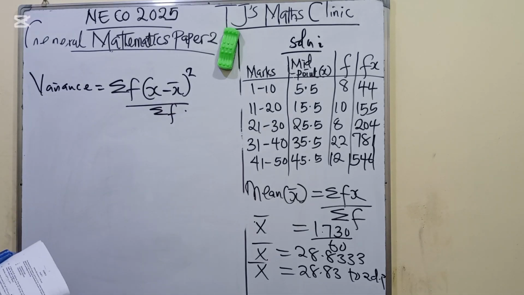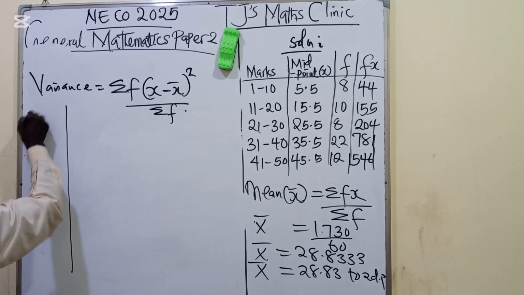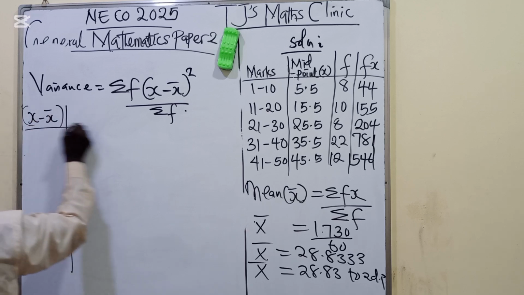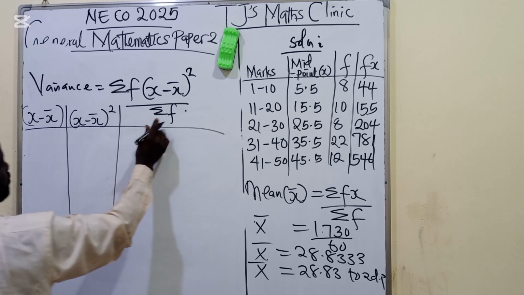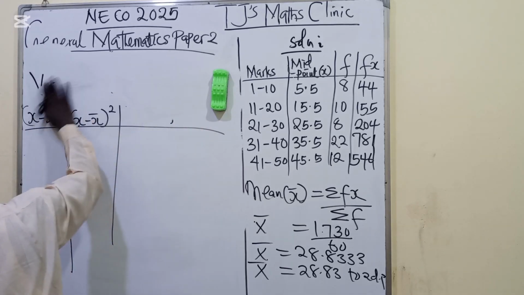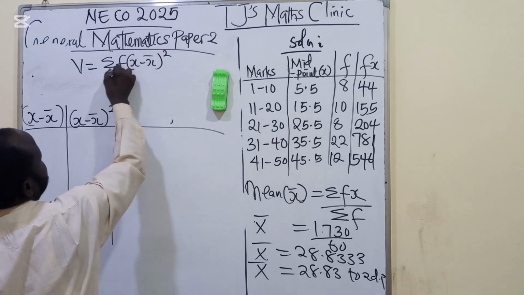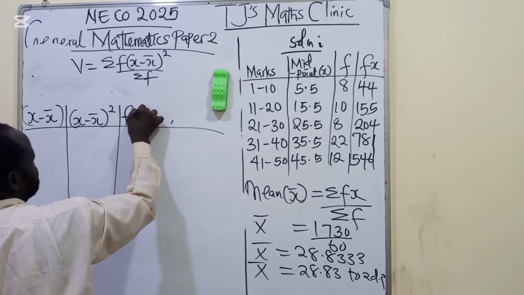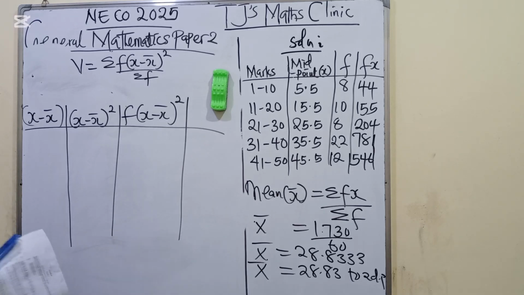So we need a column for x minus x bar, then x minus x bar all squared, and the last one, f into x minus x bar all squared. So we need an additional 3 columns to this table.